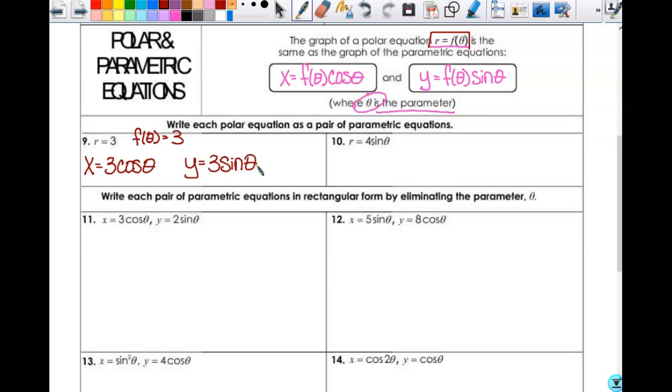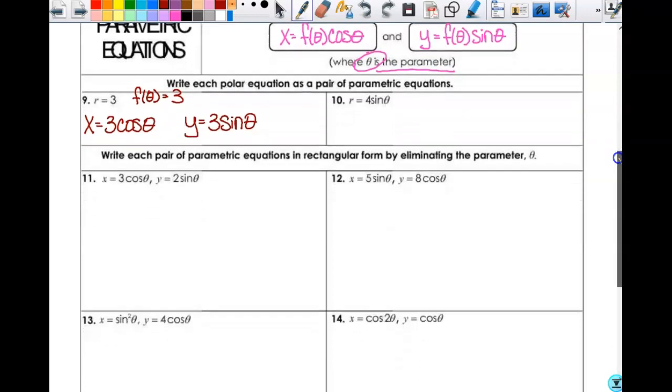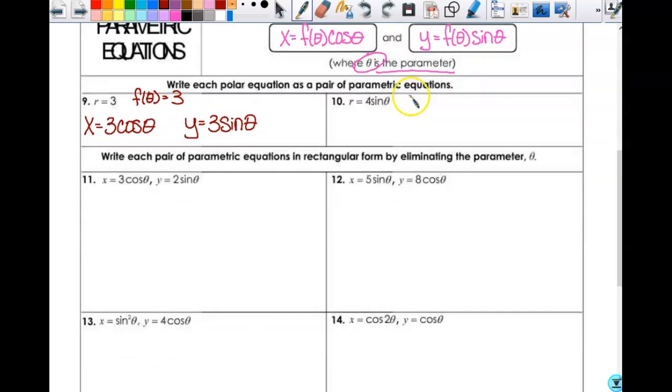All right. So let's look at number 10. For number 10, our f of theta equals 4 sine theta. So I'm going to substitute in and get x equals 4 sine theta, because that's my f of theta. Then I have to multiply it by cosine theta.